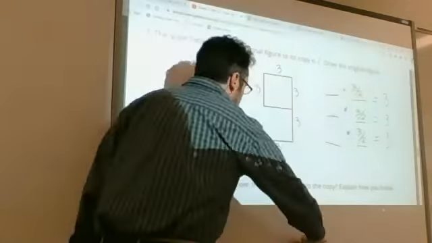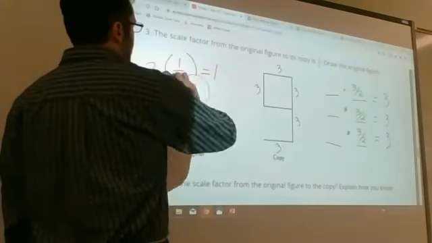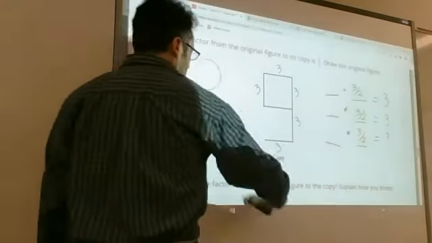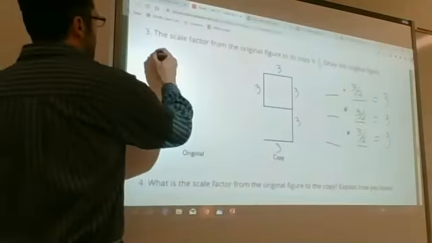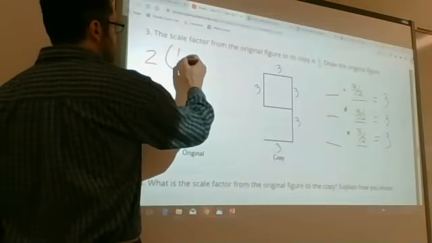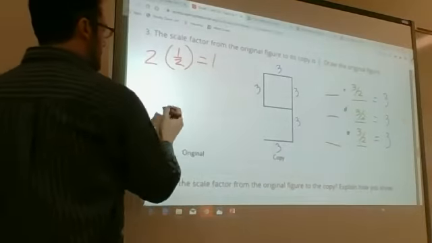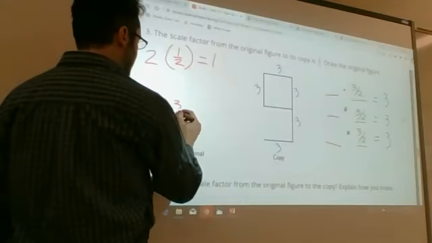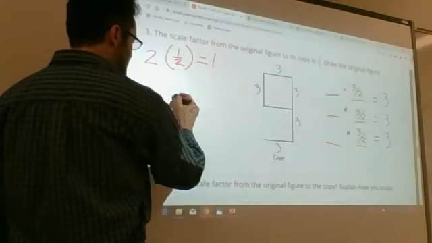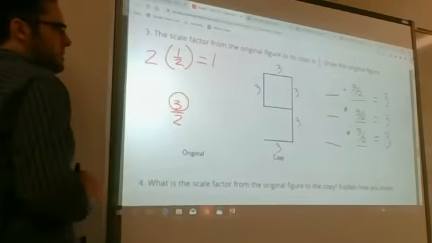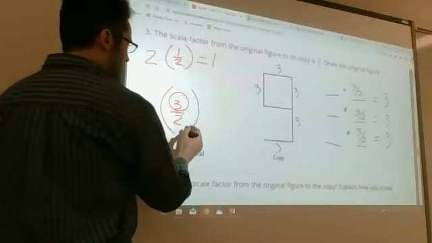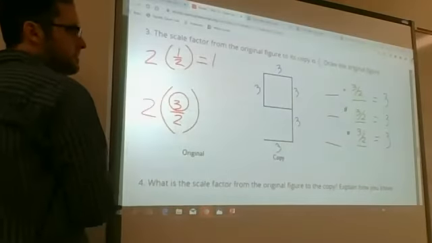So by the same rule, if you take a number and multiply it by its opposite fraction, it's always 1. If you have a fraction and you want to get this number by itself, you can multiply it by whatever number's on the bottom.